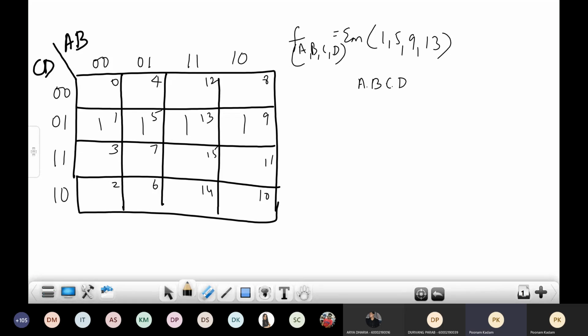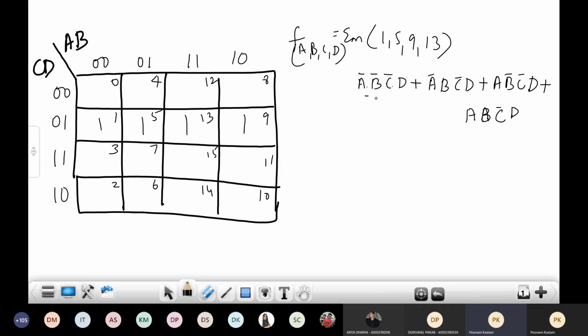One means 0, 0, 0, 1, so A bar, B bar, C bar, D. Then plus 5, which means 0, 1, 0, 1. Then you have 9, 1, 0, 0, 1. So A, B bar, C bar, D. And then you have 13, which means 1, 1, 0, 1, right?